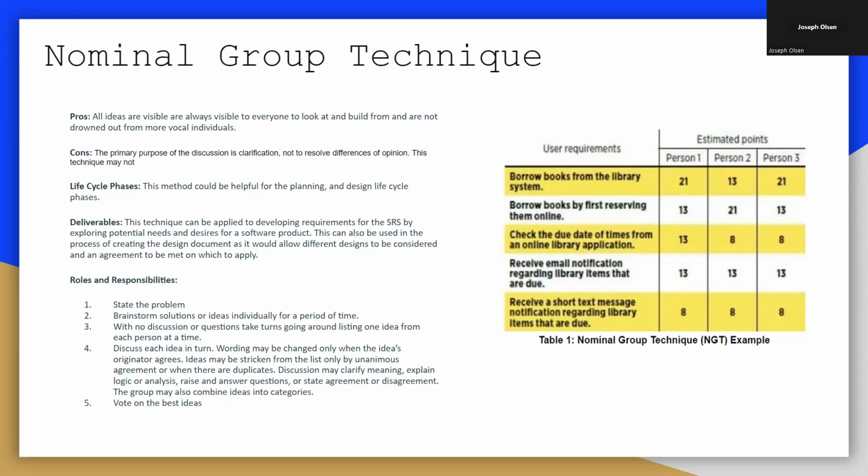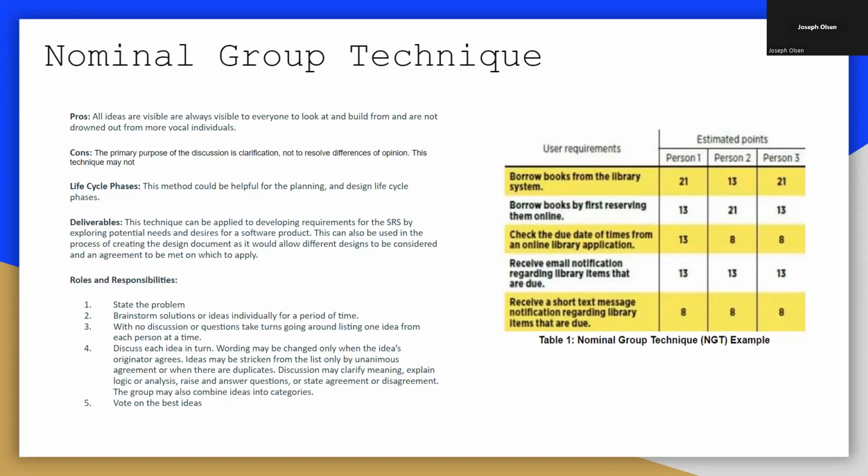After that step, each idea is discussed, and it's less about discussing why it's good or bad. It's usually just trying to focus on clarification. So explaining each idea as well as you can, so everything's explained. You can explain how you feel, whether you agree or disagree, but not try to convince another person.